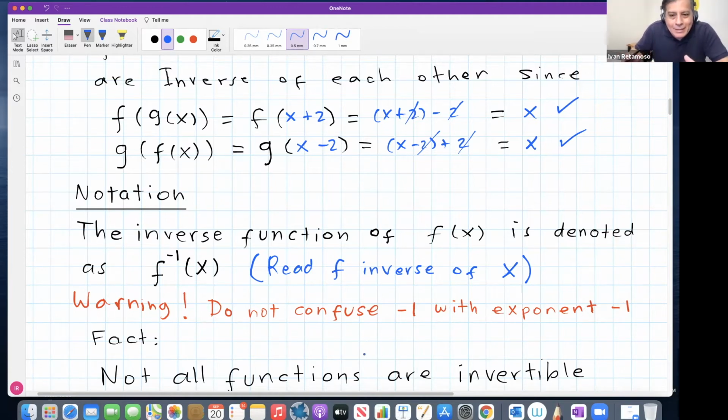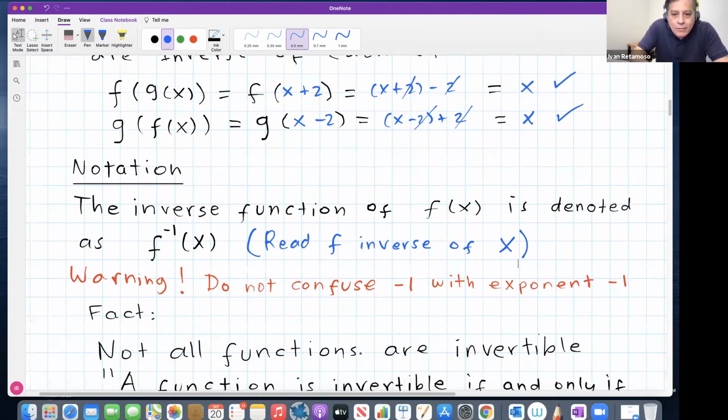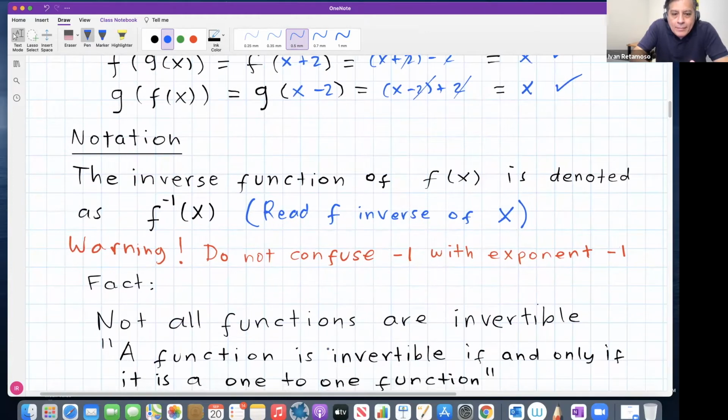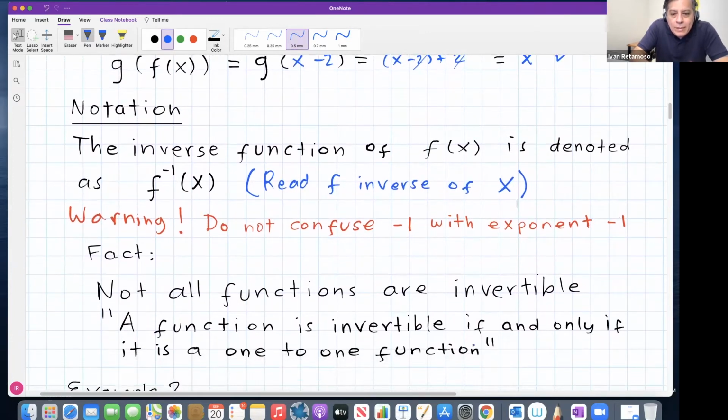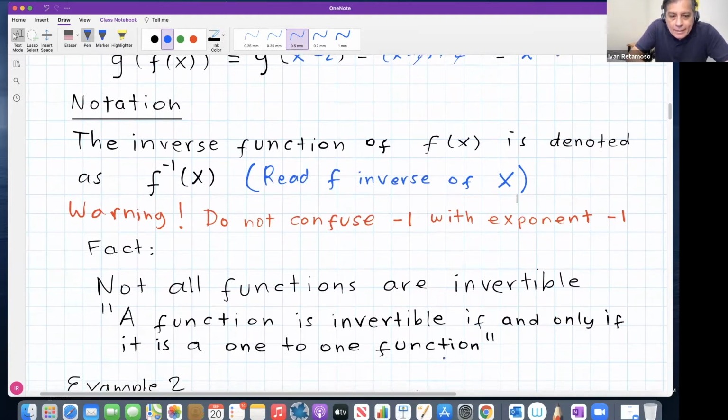So some activities cannot be inverted. In the same way, not all functions are invertible. A function is invertible if and only if it is a one-to-one function. Only the one-to-one functions can be inverted. Only the one-to-one functions have an inverse function.